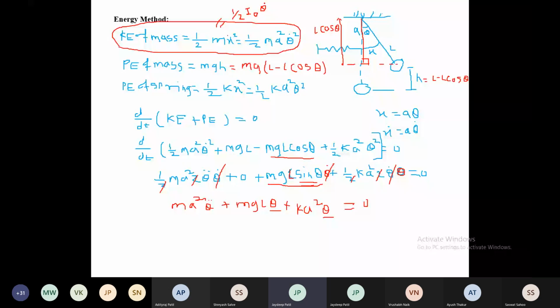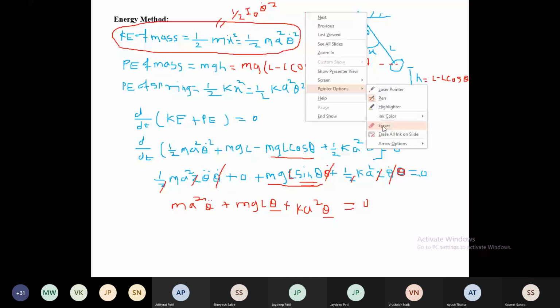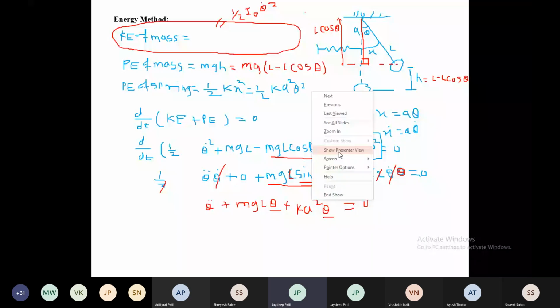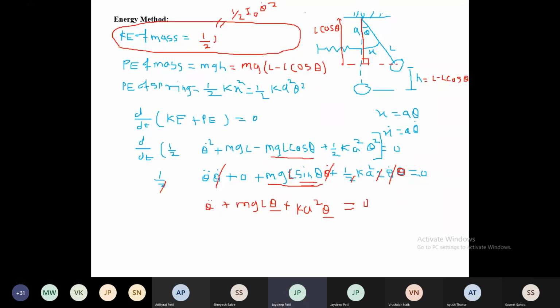See here, this term again gets cancelled here. What will come: 1/2, kinetic energy of mass when there is angular movement, I O theta dot square.